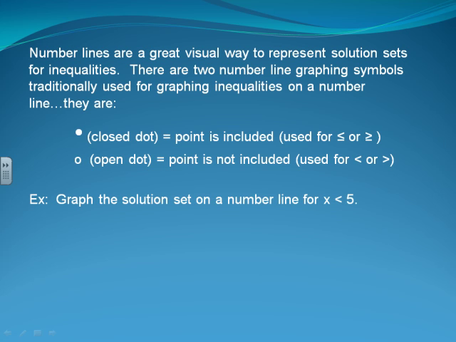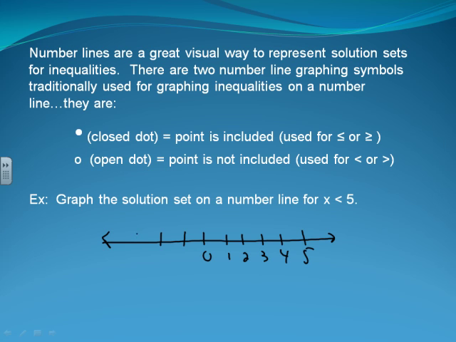So let's look at an example. I want you to graph the solution set on a number line for the inequality x is less than 5. So to do that, of course, you'd first have to draw a number line and put as many or as few labeled ticks on there as you want.